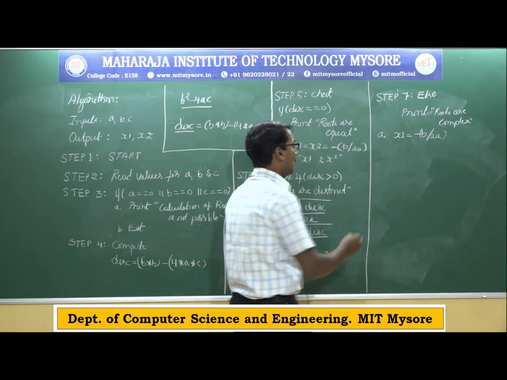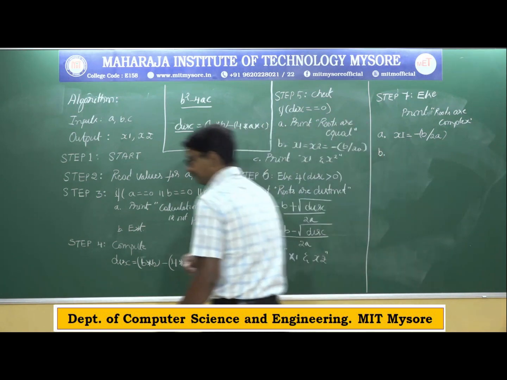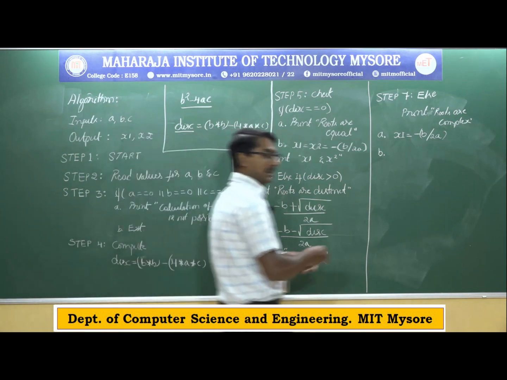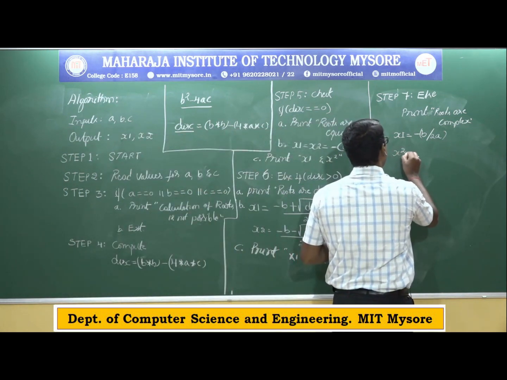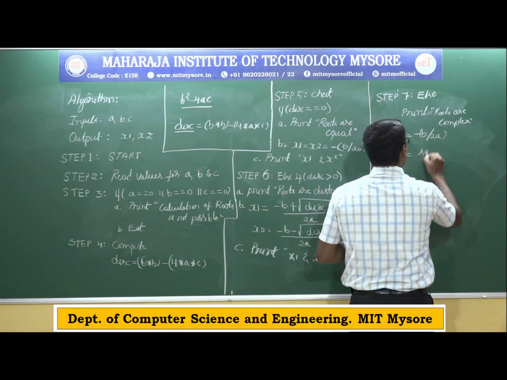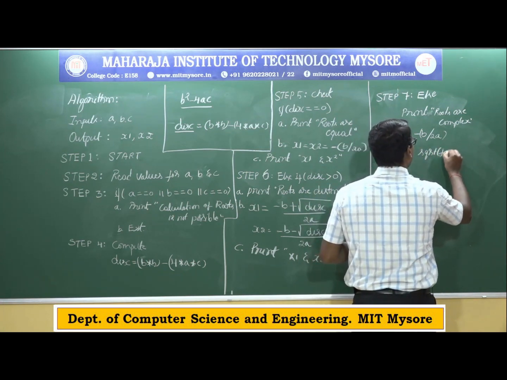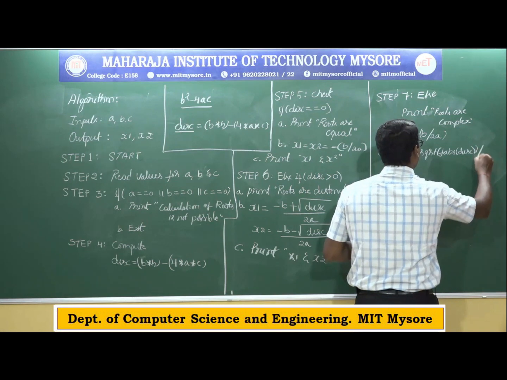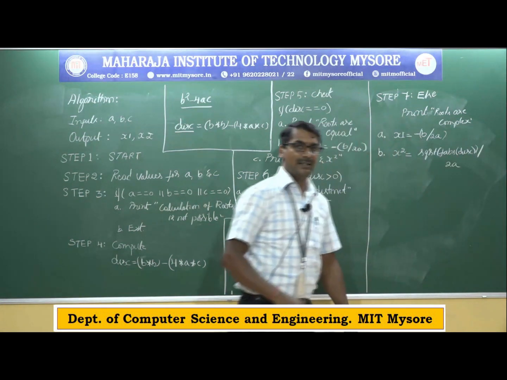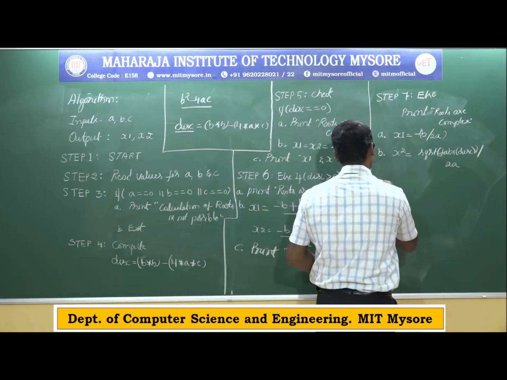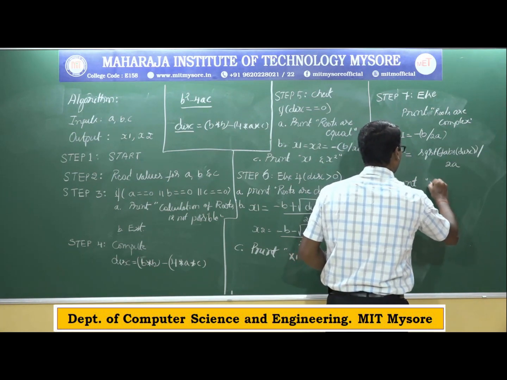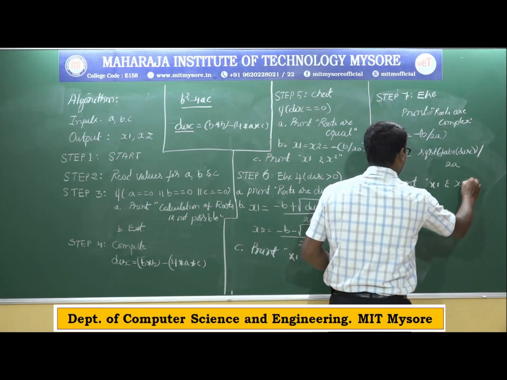Next, the value of x2 is equal to sqrt of fabs of disc divided by 2a. Then print x1 and x2.